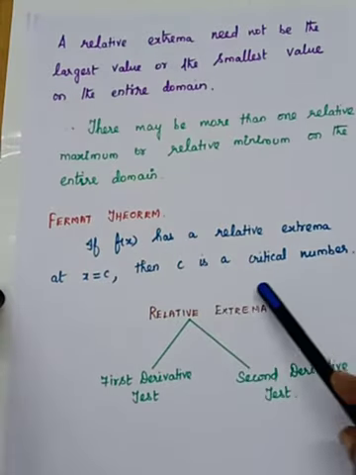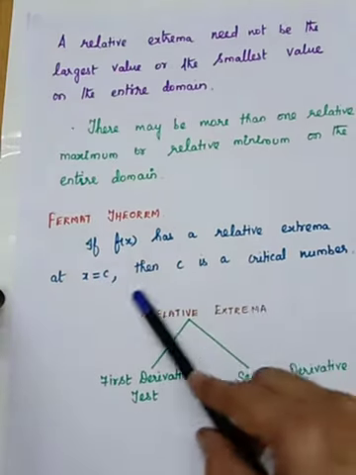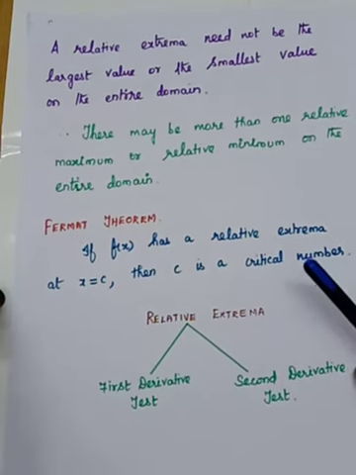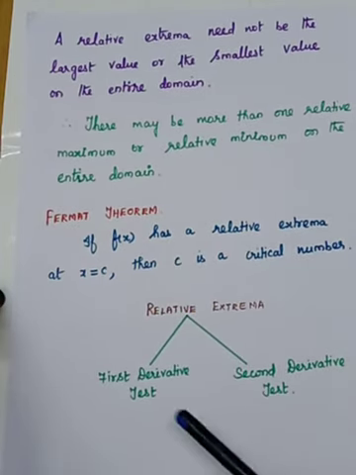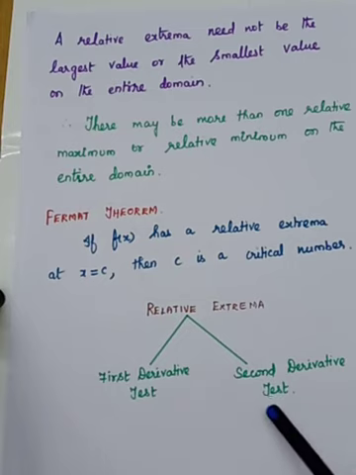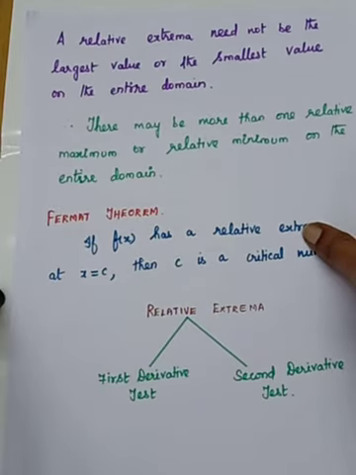Okay, so how to find relative extrema using two tests. One is using the first derivative test we can find it, or using the second derivative test we can find the relative maximum and minimum.